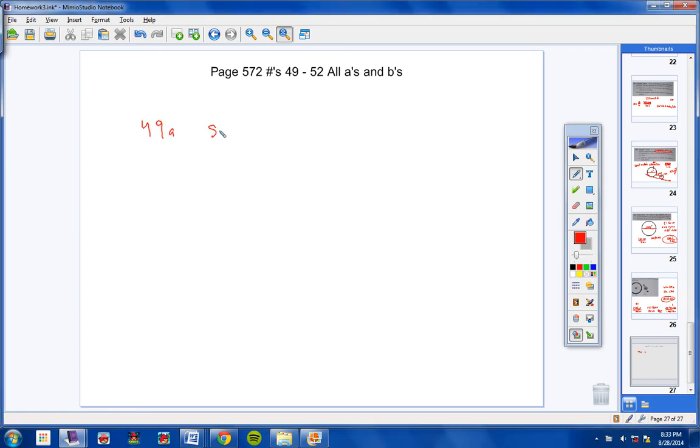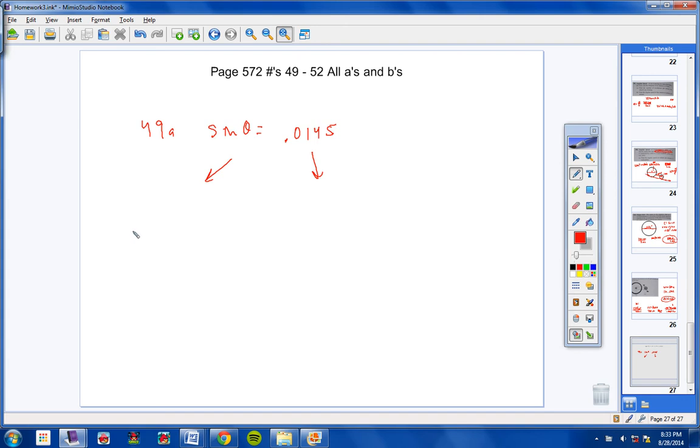49A is sine of theta equals 0.0145. They want us to find it in degrees and radians. For our degree answer, make sure your calculator is in the degree mode, and then hit inverse sine 0.0145. Enter, and you will get... that doesn't look right to me.